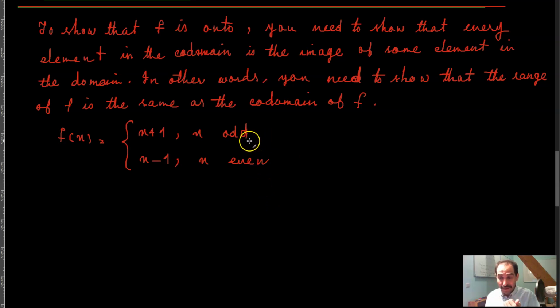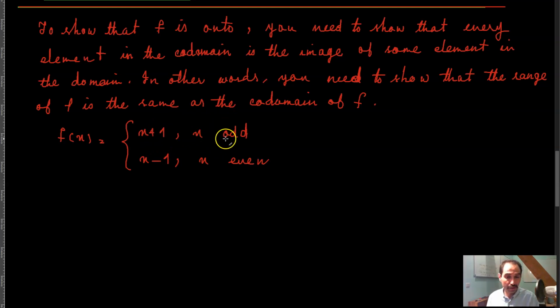Now, since I'm dealing with odd and even x's, if the function had one single rule for all x's, it would be simpler, but that's not the case.